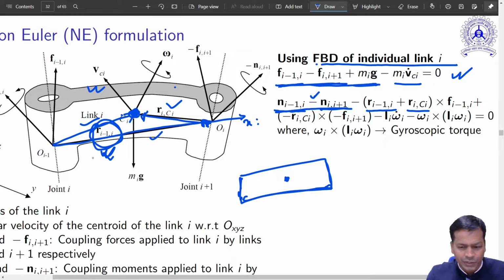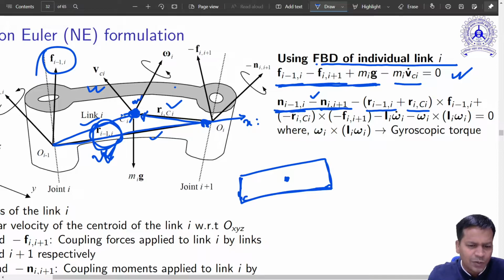Okay, so this vector crossed into the force vector, that is this vector, gives you the moment experienced at this location because of this force. Okay, so that is this. And then similarly, you know this, you have this force in hand.